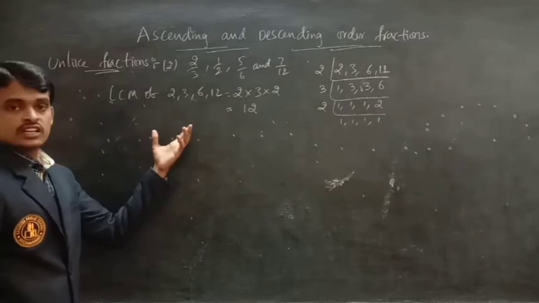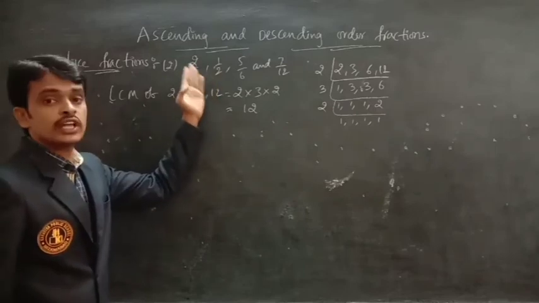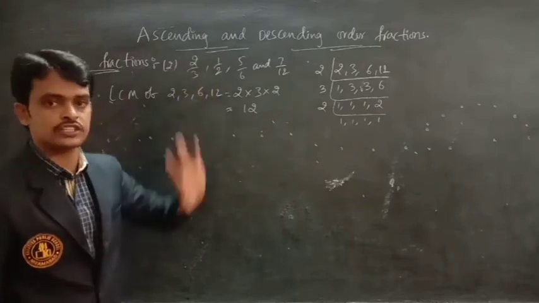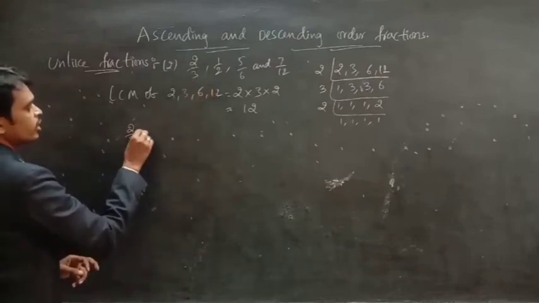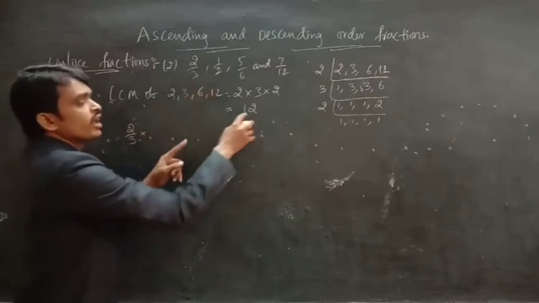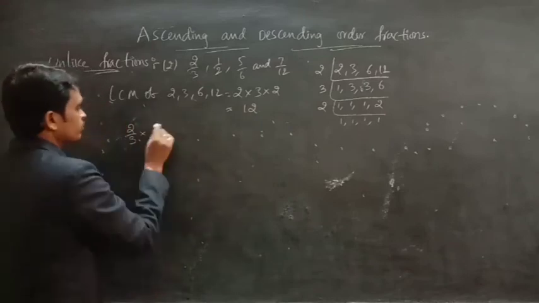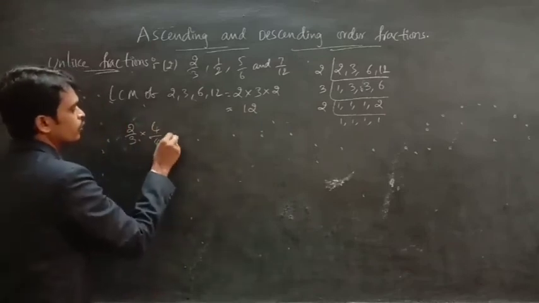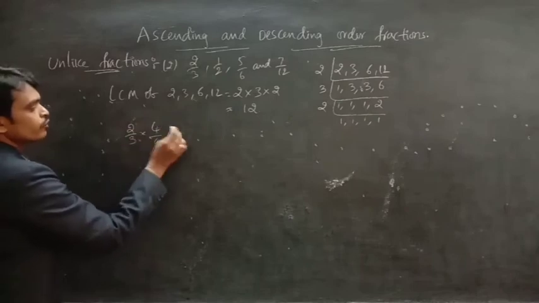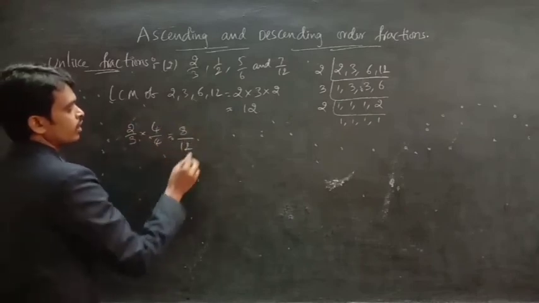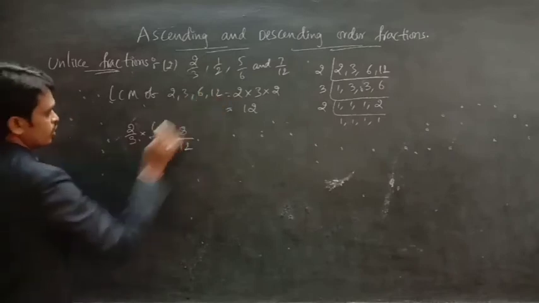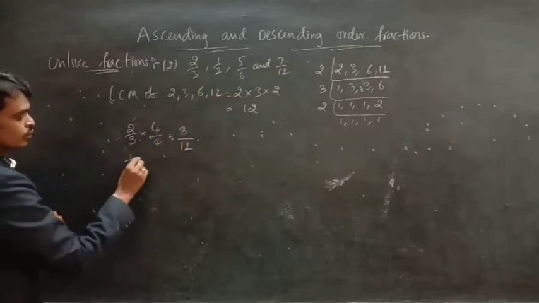Now, let us convert them into equivalent like fractions. Let us take the first fraction, 2 by 3. In the 3 table, 12 comes 4 times. Let us multiply with 4. 2 fours are 8, 3 fours are 12. Next, 1 by 2.